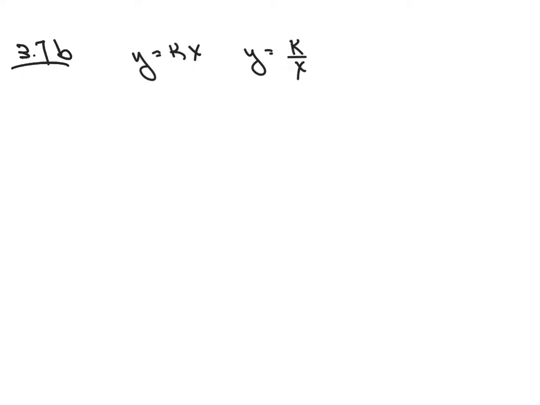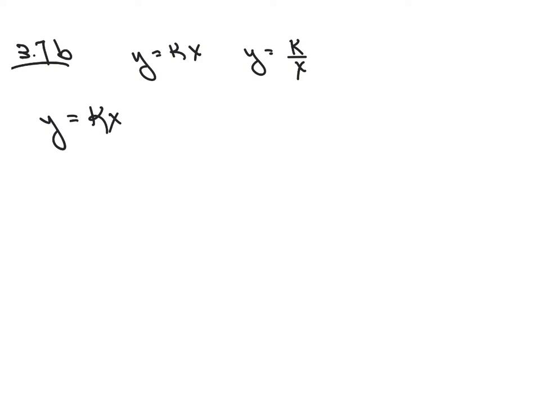Sometimes you are going to do a combination of both direct and inverse, and therefore there are different ways to word this. So for example, let's look at page 282, top of the page. If we have something like y equals kx, what you say there is y varies directly with x.